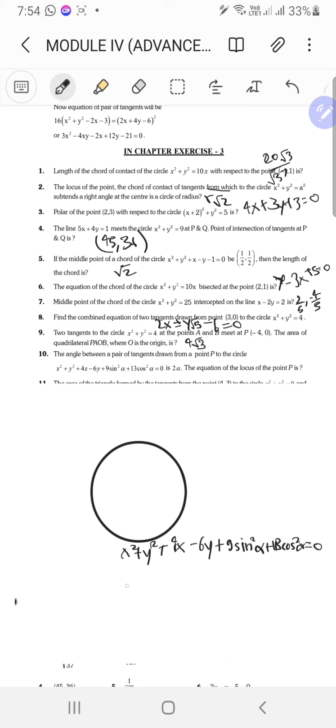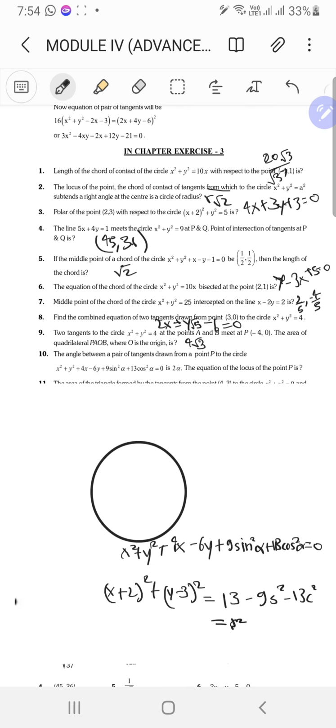Okay, so this can be written as x plus 2 squared plus y minus 3 squared equal to 2 squared plus 3 squared is 4 plus 9 is 13, 13 minus 9 sine squared minus 13 cosine squared. Okay, so this thing is r squared, isn't it?